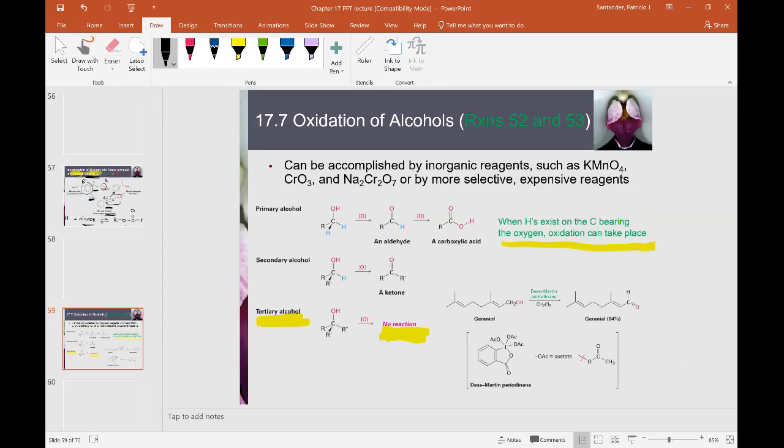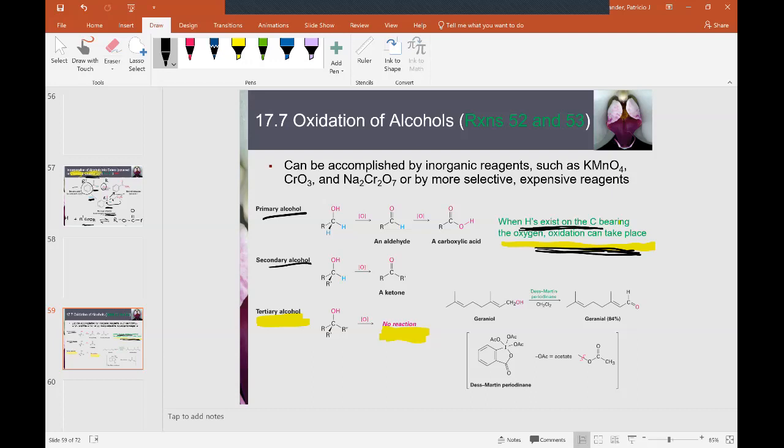As long as you have hydrogen atoms attached to the carbon atom that bears the OH, it will be possible to perform the oxidation. That means you can oxidize primary alcohols, secondary alcohols, but certainly you cannot perform an oxidation of a tertiary alcohol because that carbon atom doesn't have hydrogen, right?